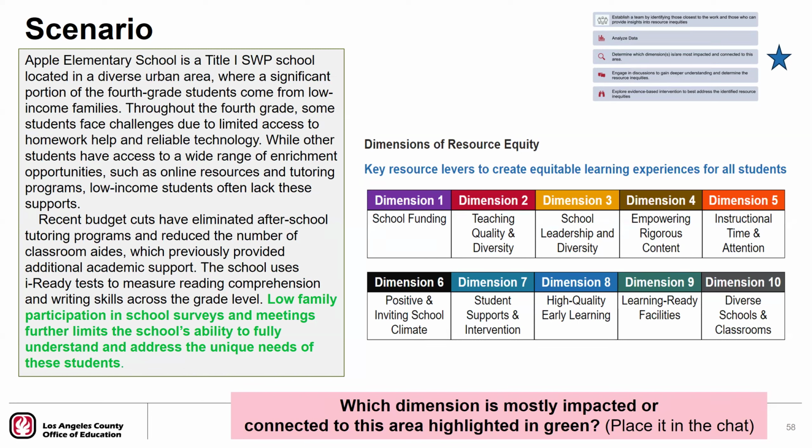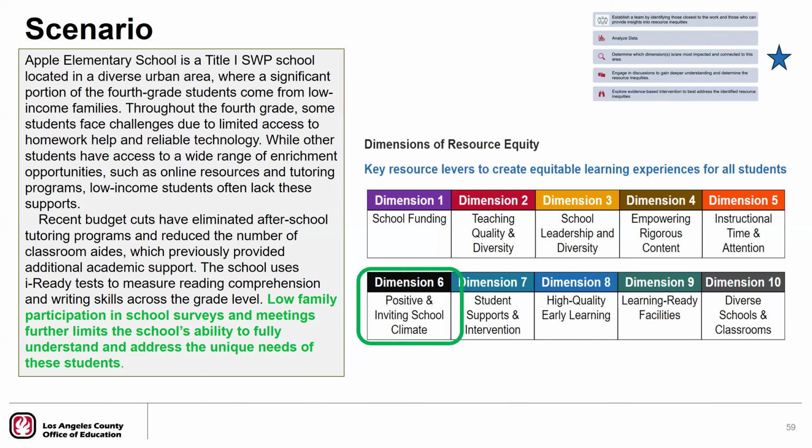Here I see answers coming in the chat. As you can see, some of these dimensions might not always be crystal clear. So for this, it's dimension 6.